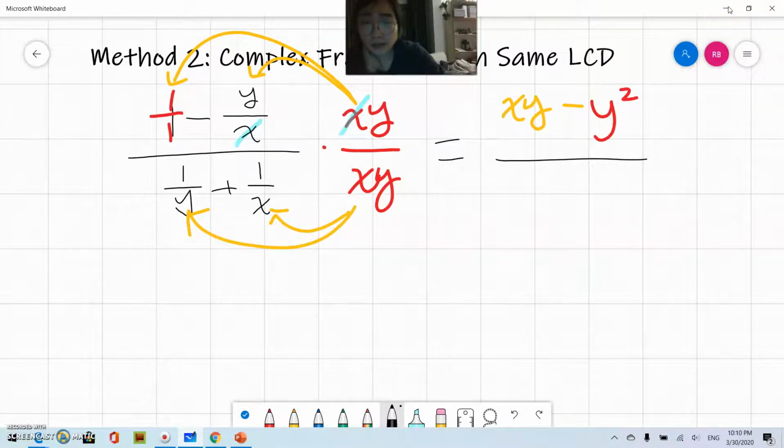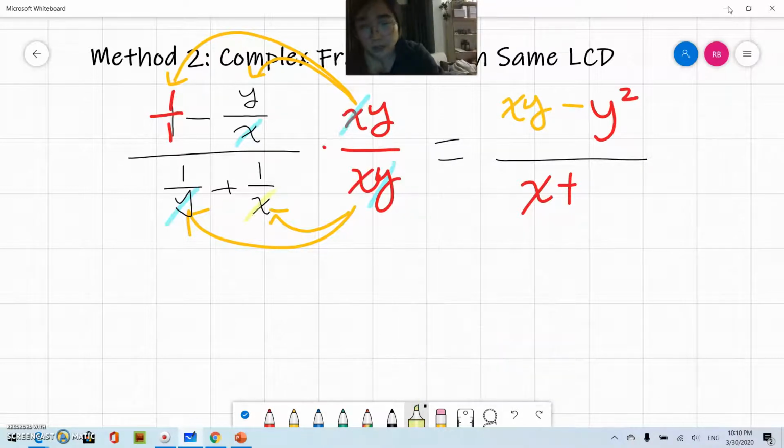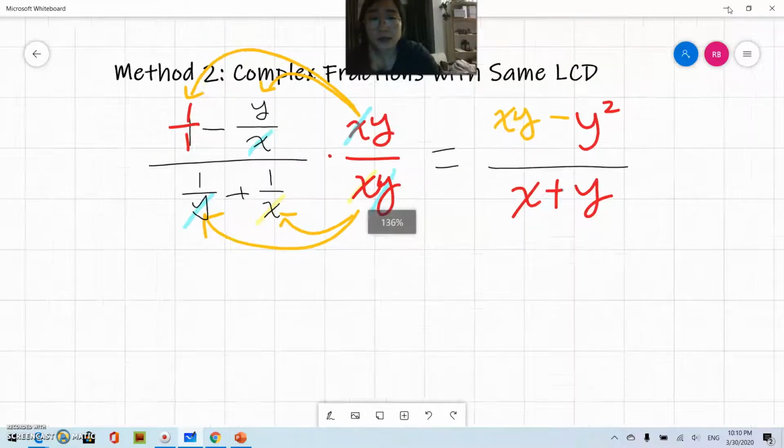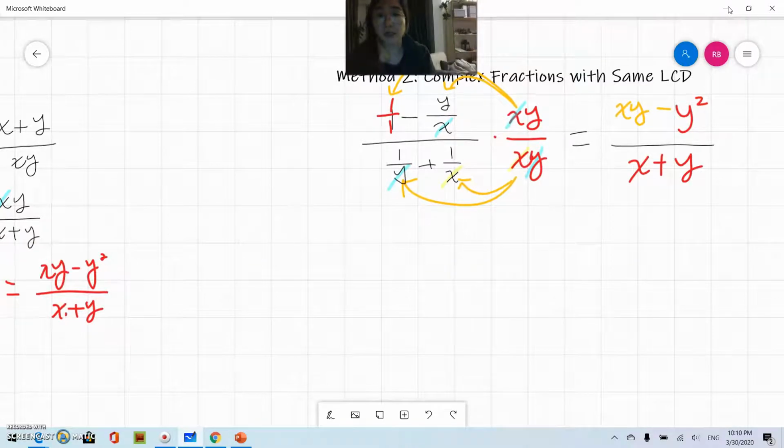And then the bottom, this y cancels with this y, so it's going to be just x for the first one. But we are distributing, so think of it again: there's new xy, so this x cancels with this x, and the only thing left is y. So do you see how the answers end up being the same?